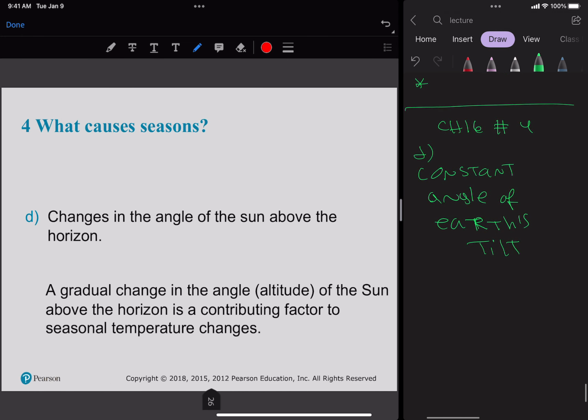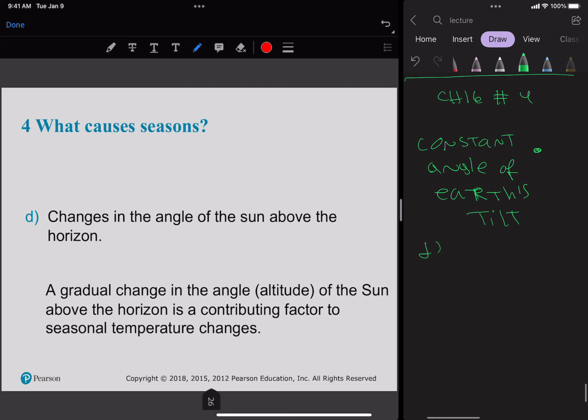Well, actually, let's look at that in more detail. So this is the real cause. D, though, is actually a side effect of this. Because the Earth has a constant tilt, the angle of the sun changes in the sky. So this is the sun, this is the Earth.